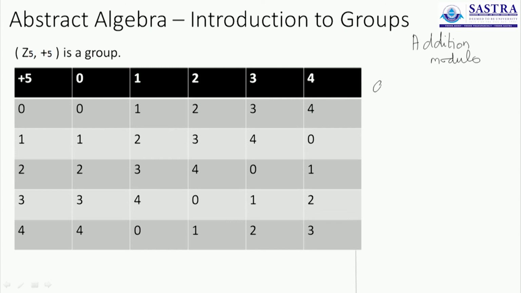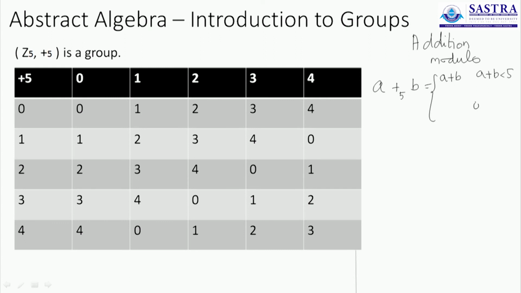So addition modulo 5: when I perform this operation on 2 elements, I find their sum first. If the total is less than 5, I return the answer as it is. I add 2 numbers, I look at the sum, I look at the total. If the answer is less than 5, I return the answer as it is.